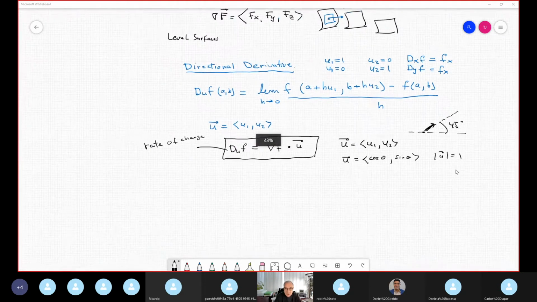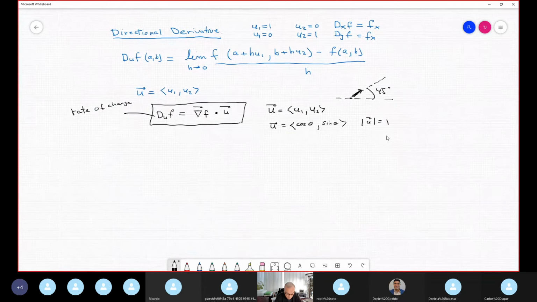Entonces, using this new idea, a super important property. This is the second property of the gradient. Okay, this formula says D_u f is equal to the magnitude of the gradient multiplied by the magnitude of u multiplied by cosine theta.